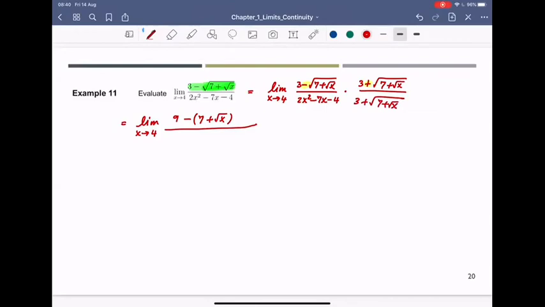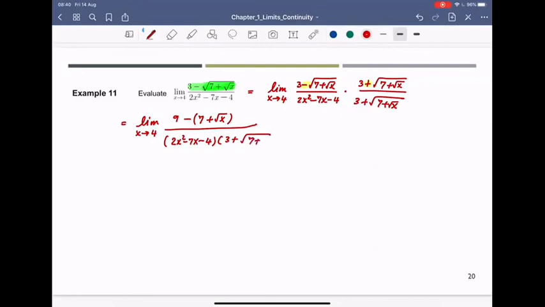All right, and then on the denominator, you need that term. I'm going to keep that term first, but eventually we have to factor this thing anyway. So I'm going to keep this thing first.